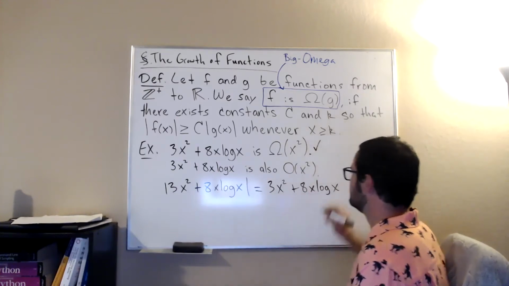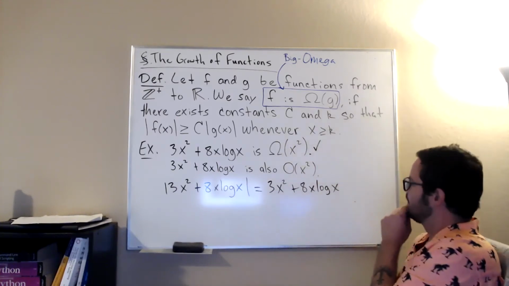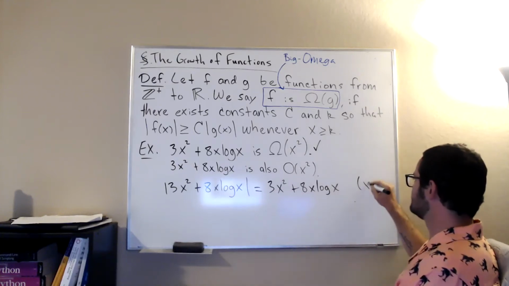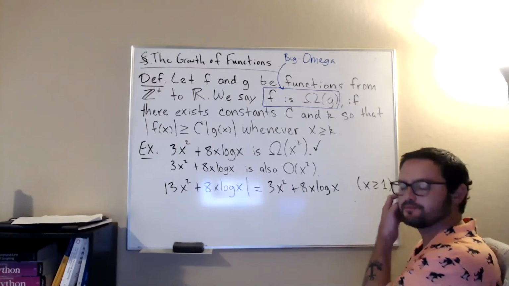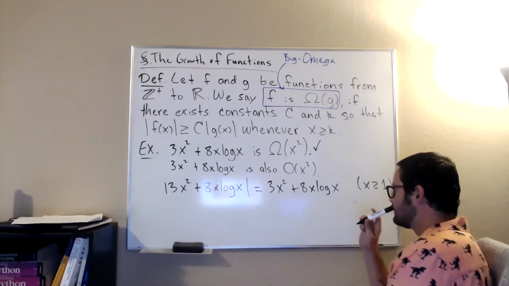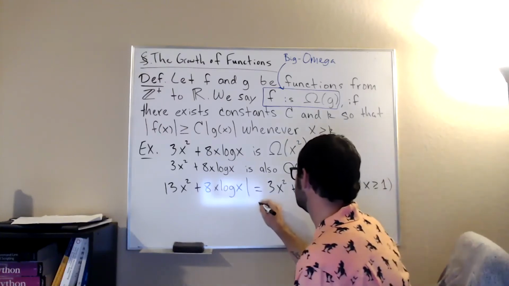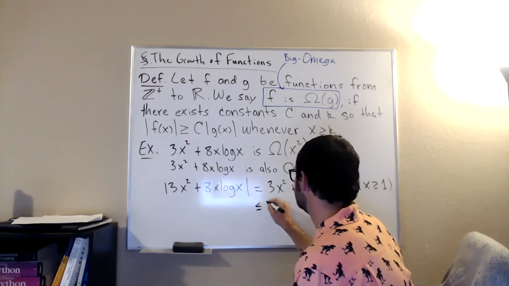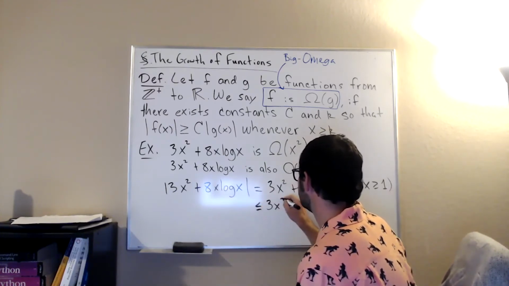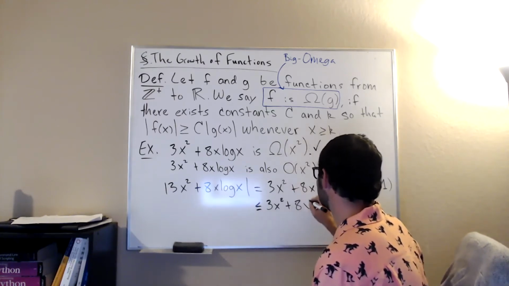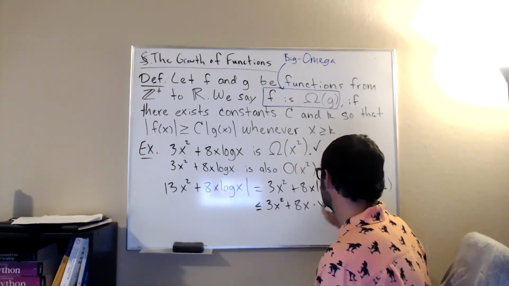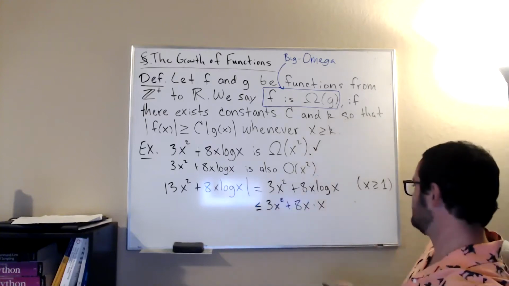So now, if we're trying to show big O, we want to get an upper bound now, not a lower bound. Okay? So what I'll notice is that this is less than or equal to 3x squared plus 8x times x.